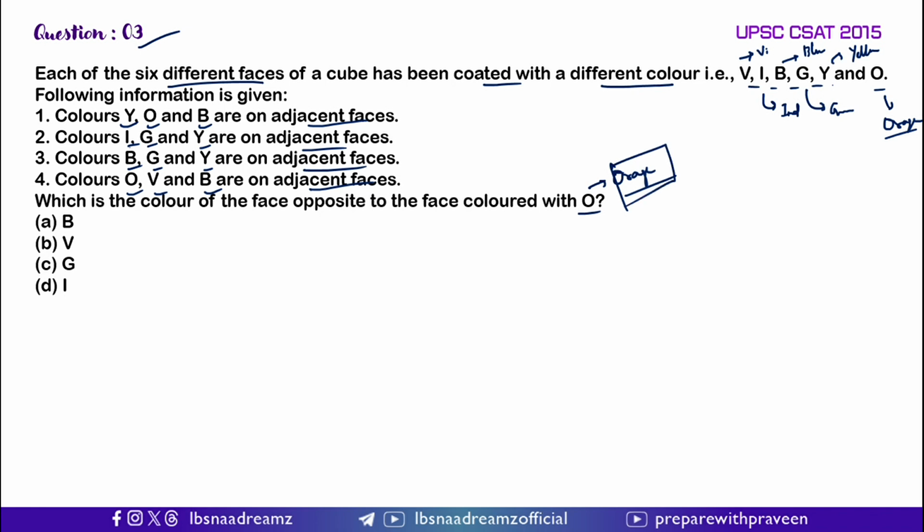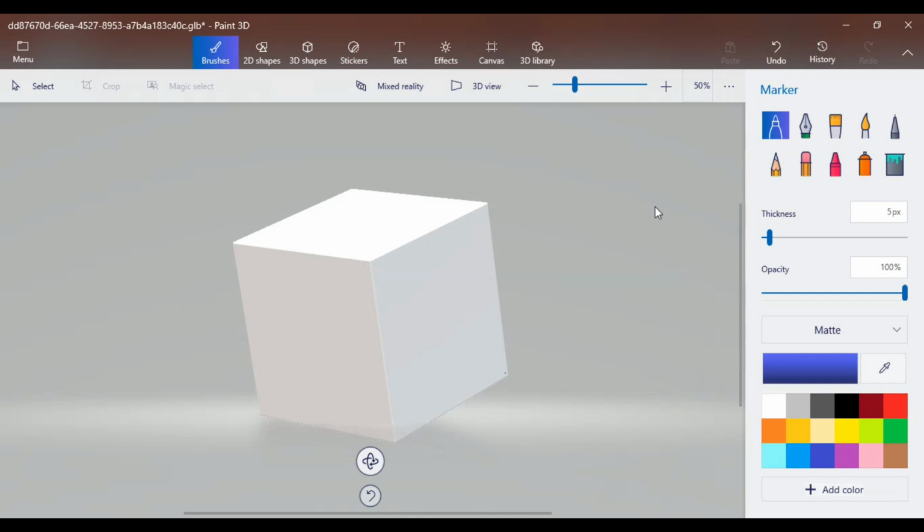For better understanding, let us use Paint 3D application. If you see the question, they have mentioned adjacent sides. See, this and this. If you take this side of the cube, these 3 are adjacent sides.